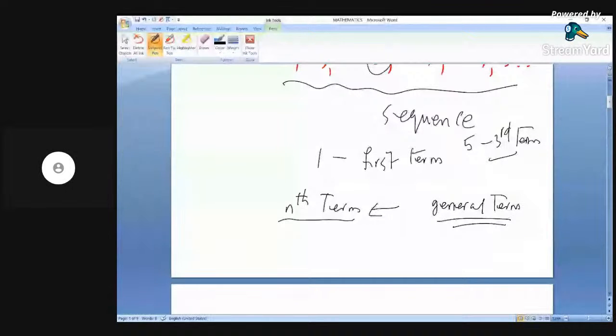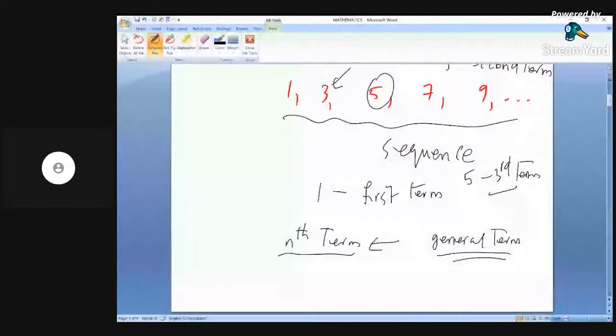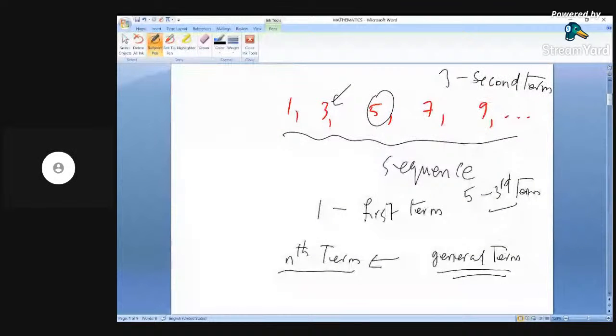So as we said, in a sequence we are talking of a pattern of numbers in which there is a rule which we can use to obtain the preceding terms. And I have said already that each number or each value is going to be called a term. So this is first term, second term, third term, fourth term, fifth term, and so forth.